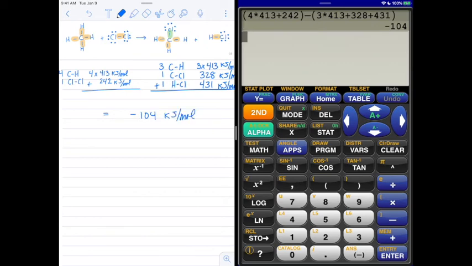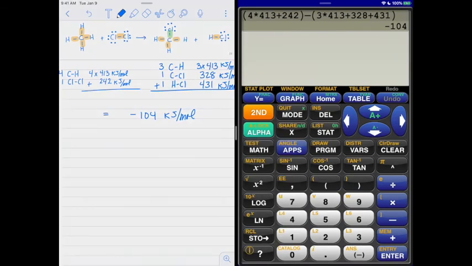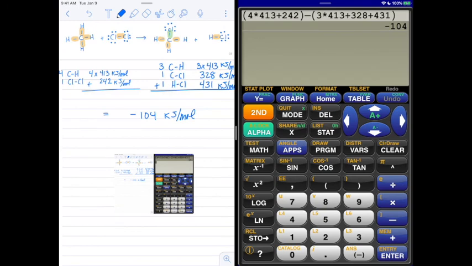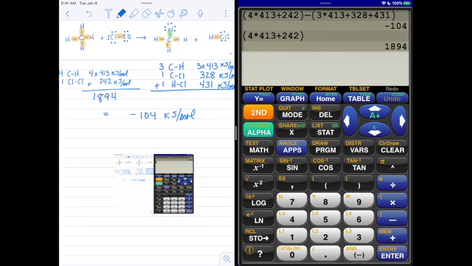And before we go, let me go ahead and put in the intermediate answers there. Just so you have them for reference, looks like we have 1894.